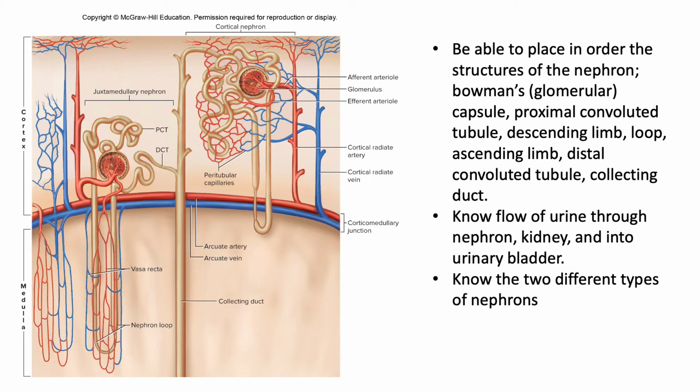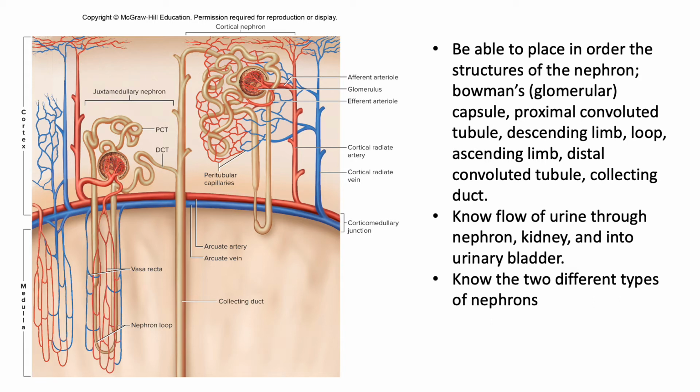Okay, so on this slide you see two different types of nephrons. You have your juxtamedullary nephron on the left there, which is, by its name, closer to the medulla. Something that is juxtaposed is situated next to something, so it sits at the boundary of the medulla, and you see the boundary of the medulla there is formed by the arcuate artery and vein pair. That is usually the defining line between the medulla and the cortex.